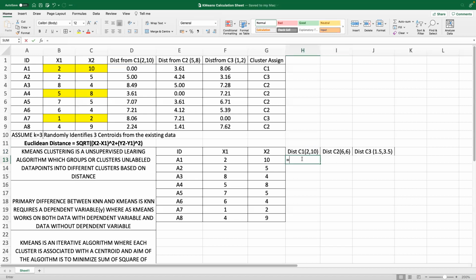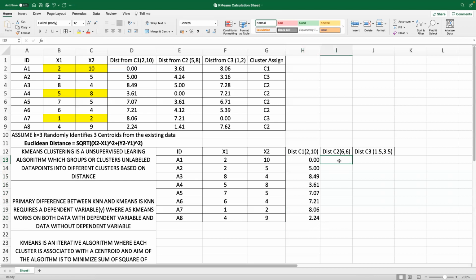We will calculate the distance again. SQRT, open two brackets, fix it with F4, minus the same value to the power of 2, plus open bracket 10, fix it, minus 10 to the power of 2, close bracket. We drag the formula till this point and make it to decimal.